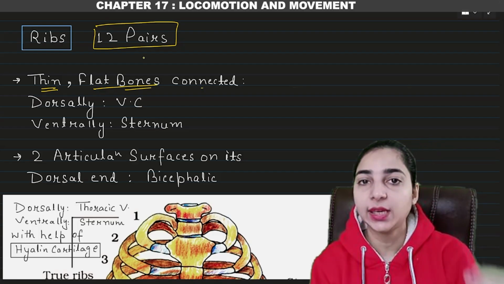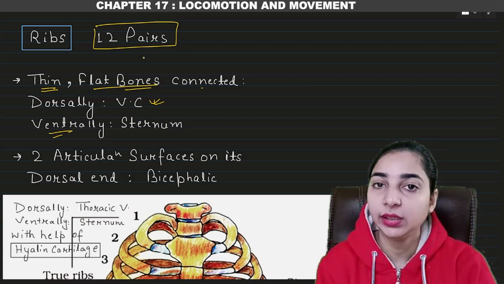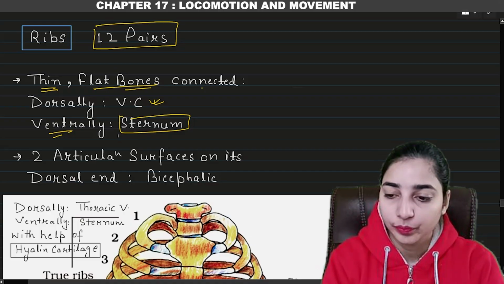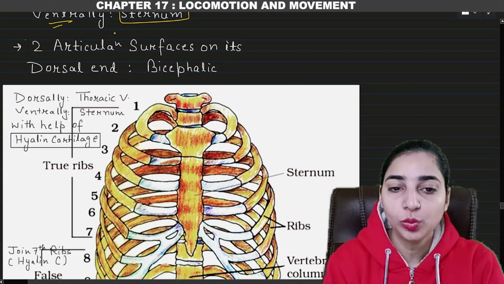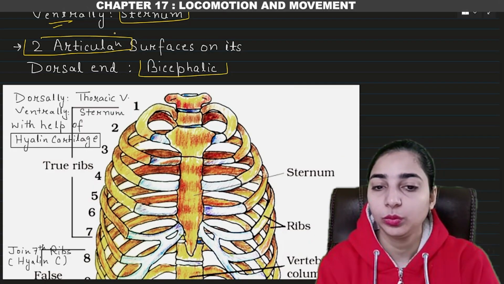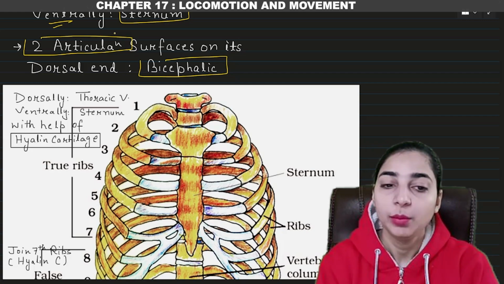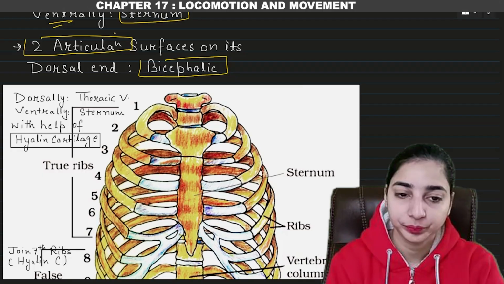That means on the back side they are connected to the vertebral column, and on the front side, that is ventrally, they are connected to the sternum. Now, on the dorsal end, it has 2 articulation surfaces. Therefore, the ribs are known to be bicephalic. Why do we say that the ribs are bicephalic? Because they have 2 articulation surfaces on the dorsal end.